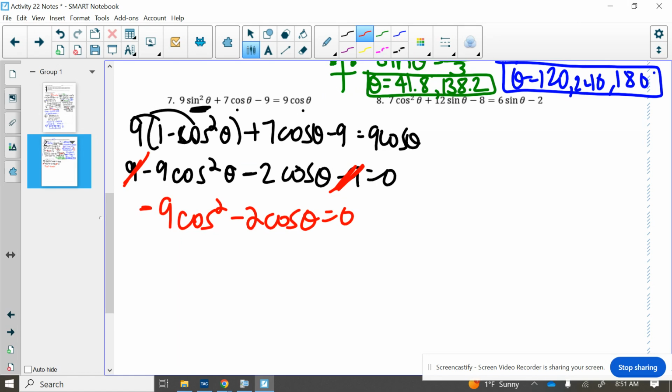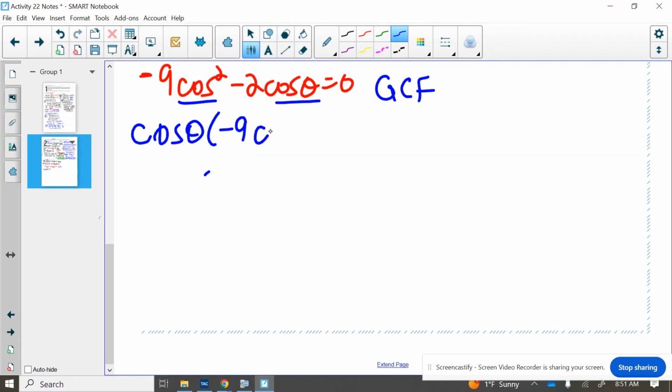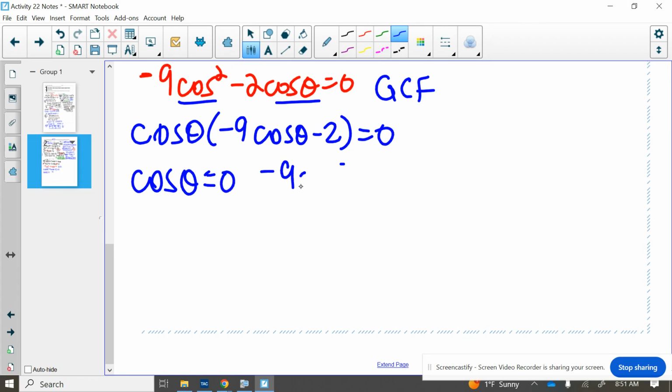cos equal to 0. Now on this one, we don't actually have to use the x method because we don't have a constant term. What we are going to do instead is take out this GCF, because we can factor out a cosine theta that these both have in common, and we're left with negative cos theta times 9 cos theta plus 2, and now each of these two pieces may be set equal to 0 to solve.